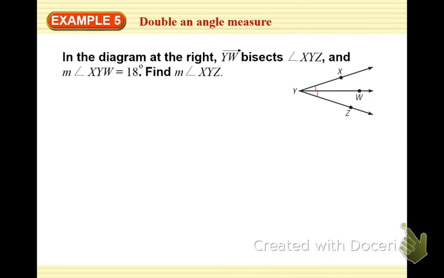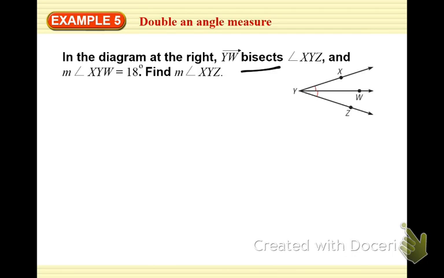An angle bisector has to start at the same endpoint as the sides of our angle, and then it goes through a point on the interior of angle XYZ in a way that bisects that angle. So the second we see the word bisects, we know that angles XYW and WYZ are going to be congruent. And we see those marks there.